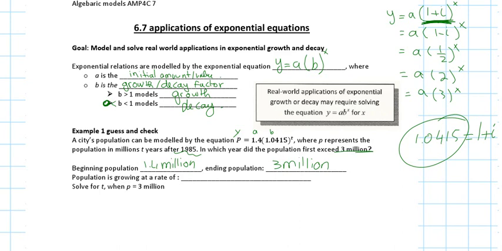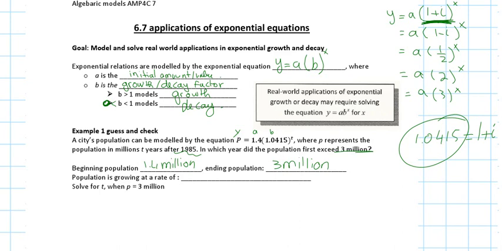Yes. But how did you get that? 1 plus I. Yeah, which is the rate. So, guys, remember that the rate means the letter I. That's what the rate represents in that equation.